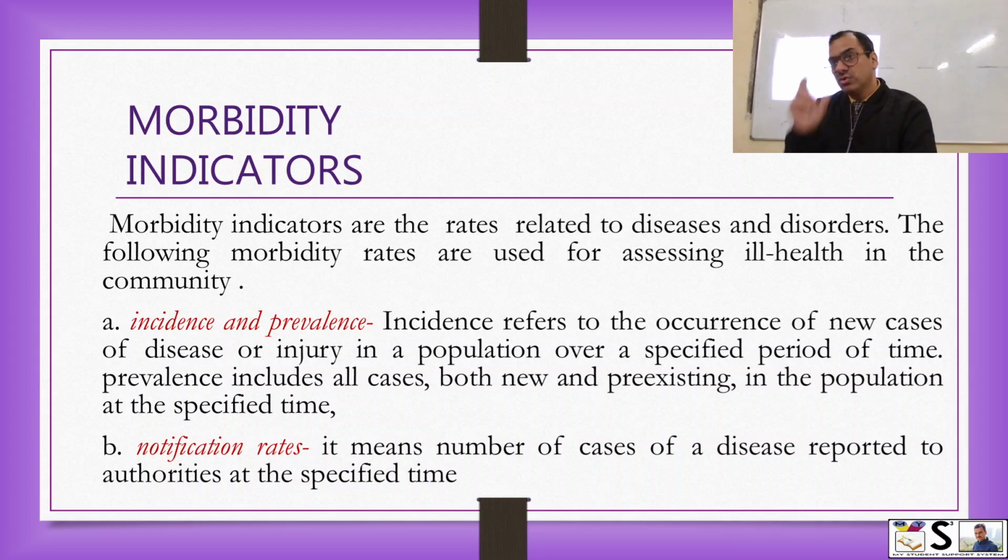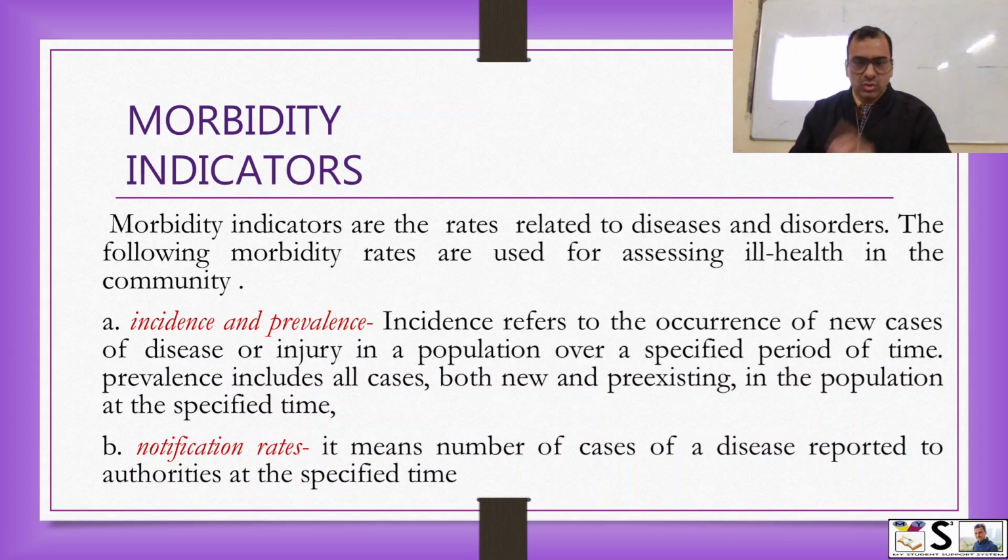So there are some notifiable diseases, and how many diseases are notified to the higher authority, this is known as notification rate. If notification rate of a particular disease is high, then we can understand the problem is there in the community. If the notification rate is less, it means the disease is not spreading.